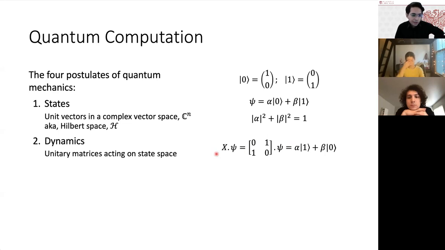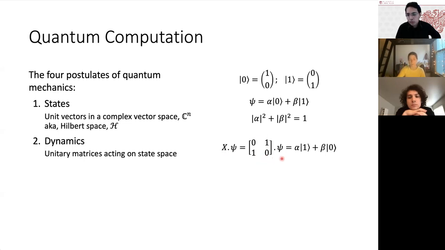The second postulate says that to do any computation in a quantum system, we apply unitary matrices that will change the state somehow. Here is an example of a very simple matrix called X, or NOT, which looks like this.